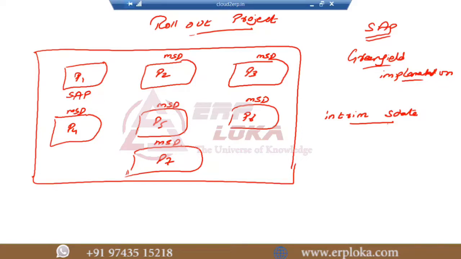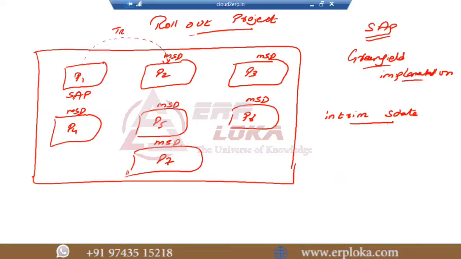In that case, you would need to create an interface, which is a huge process. So what we do is create all these plants as vendor and customer and maintain them here, so that the plants will act as a vendor and customer and work. First, you implement SAP in this plant. Everything is working fine. The same configuration is transferred to the next plant using the TR.